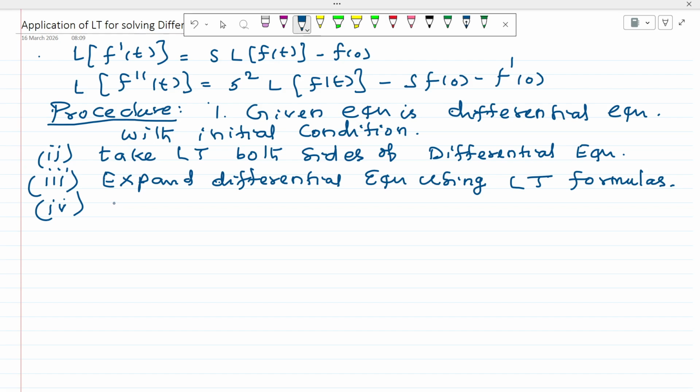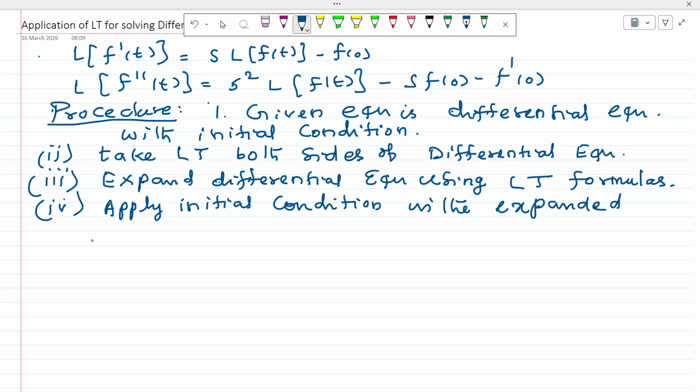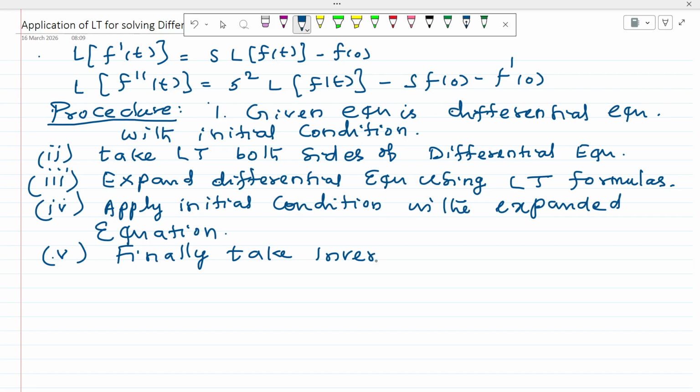Fourth step is apply the initial conditions in the expanded equation. Then fifth step is finally take the inverse Laplace transform.